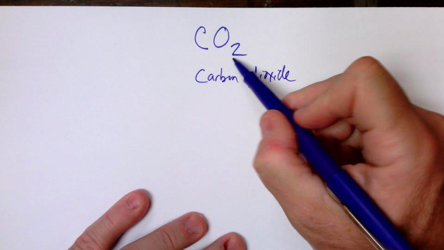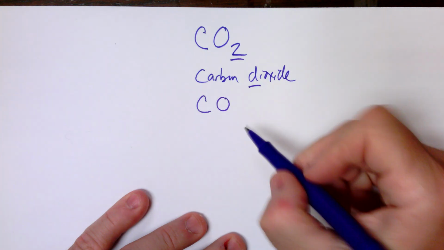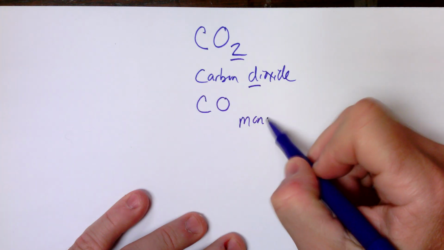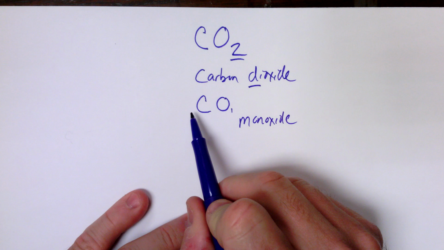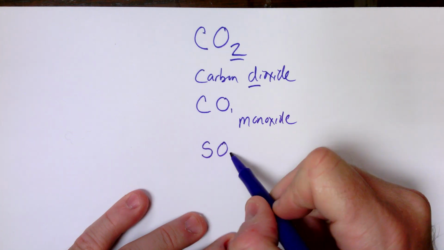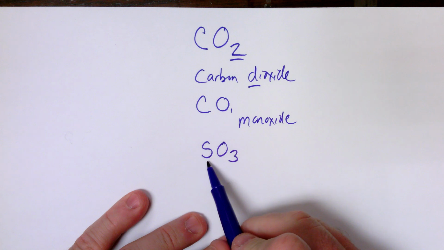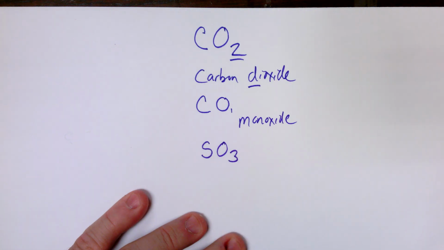We use the prefix di because there's 2 oxygens versus that, which would be carbon monoxide because there was only 1. We still don't use the mono for the first one. Sulfur trioxide.